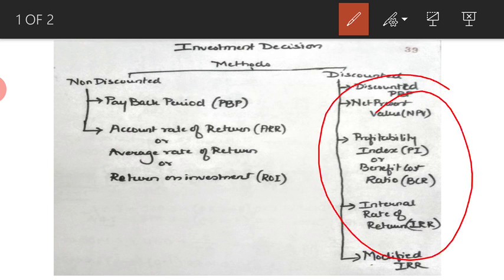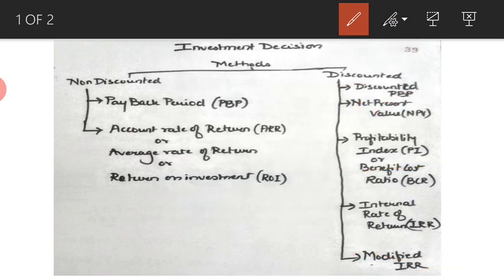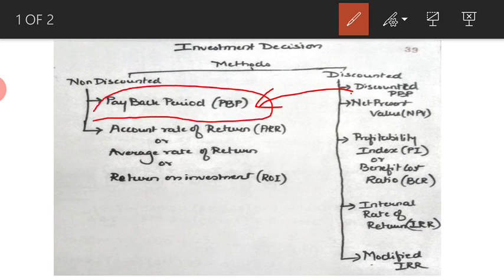Discounting means finding out the present values of cash flows and then using them in these formulas. So the concept of payback period and discounted payback period remains the same. In payback period, we use the cash flows as it is, what is given in the problem. Whereas in discounted payback period, first we calculate the present values of the cash flows and then use them in the procedure.